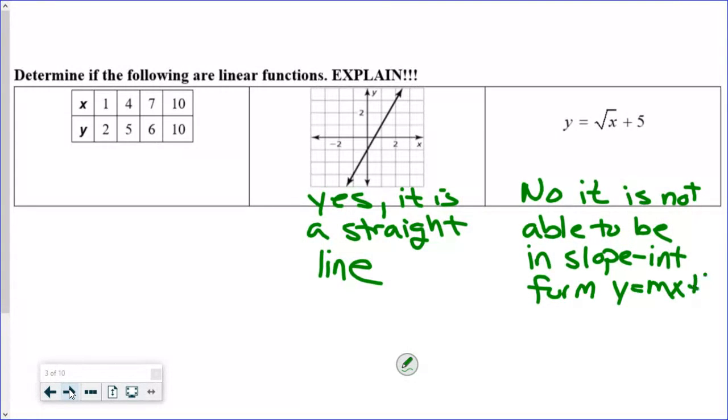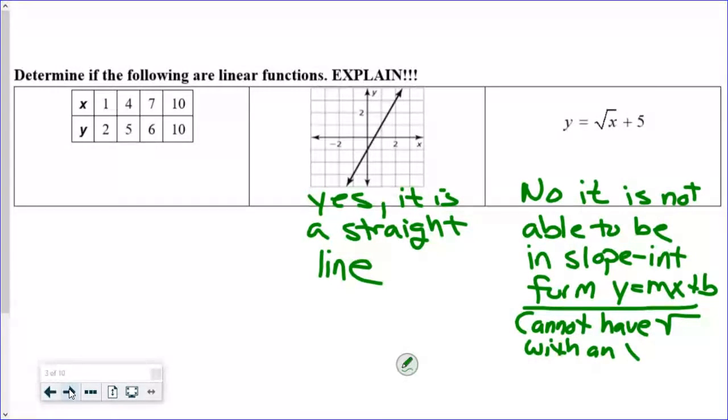You could also say you cannot have a square root with an x under it. We don't have square roots in slope intercept form. We don't have exponents in slope intercept form. So that's kind of it.